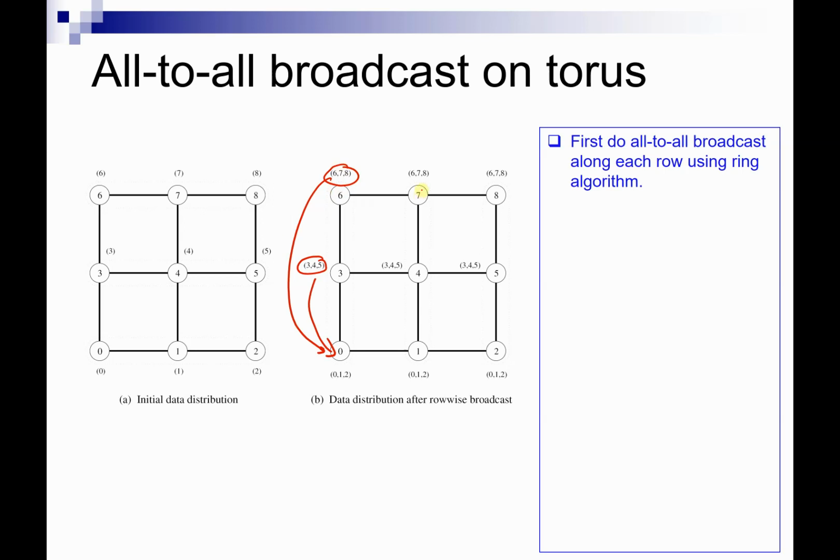Likewise, all the processes on the second column will have all 9 values, and same for the third column. So that's the algorithm: do two phases of all-to-all broadcast, and each phase does multiple all-to-alls in parallel.